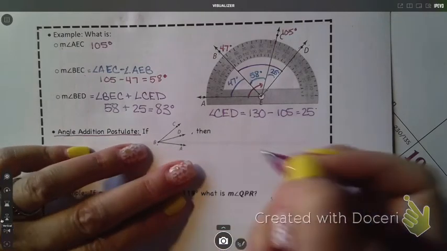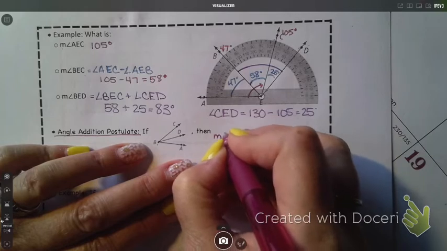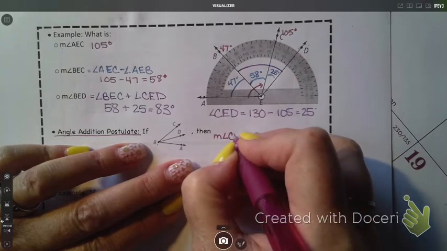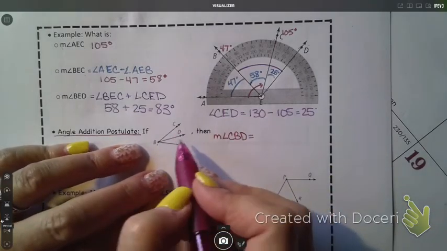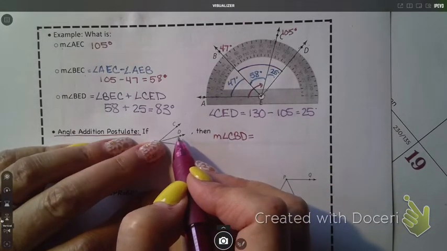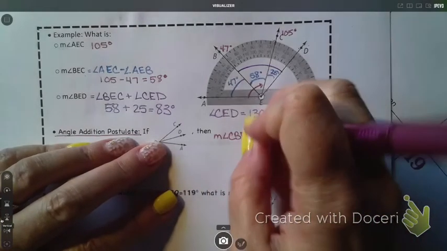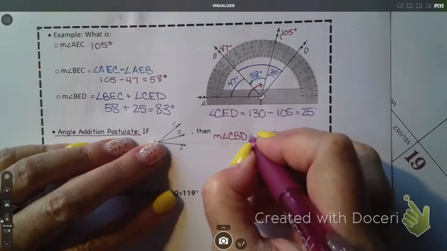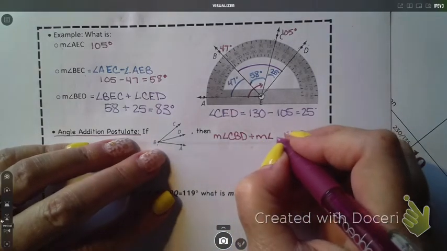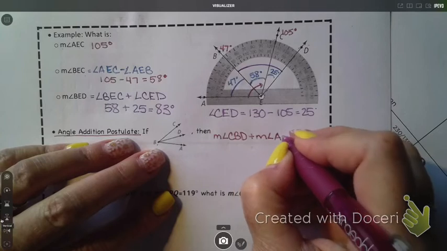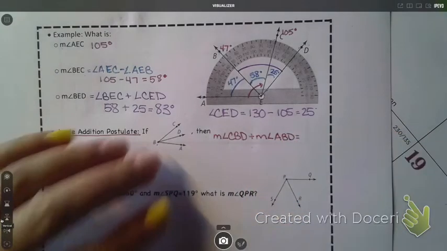Then the measure of angle CBD plus, not equals, should be plus, sorry, plus the measure of angle ABD equals what?